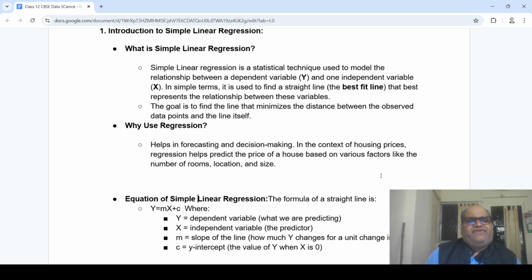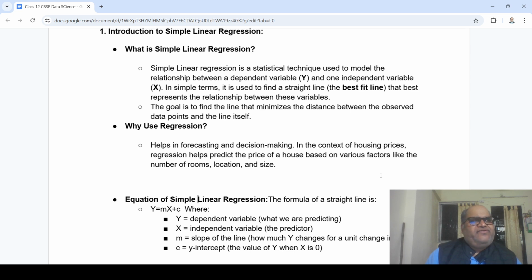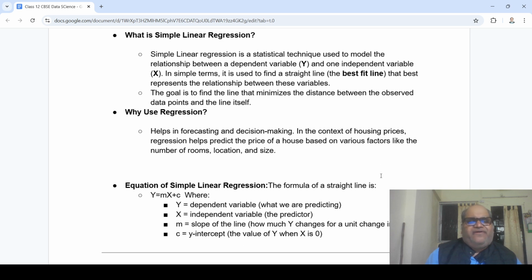And using that, we talked about how it is one of those techniques that helps you model the relationship between your outcome and independent variable. We also talked about how we can use it to predict your outcome, the predicted value, once you have fit the model.